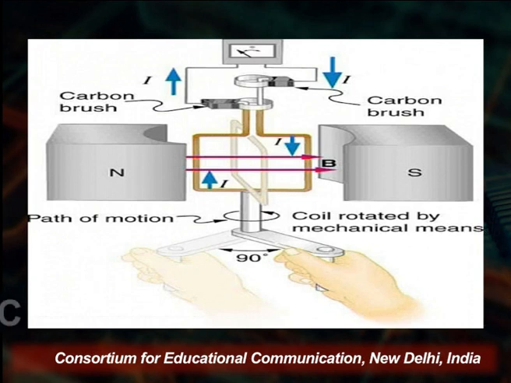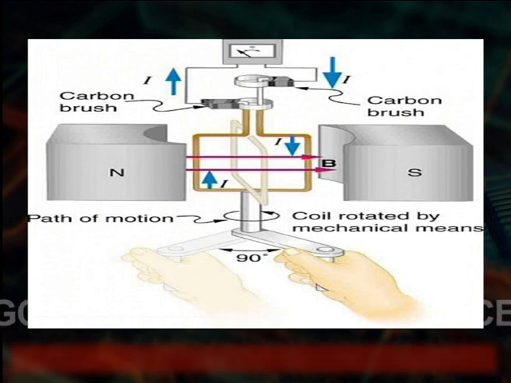There is a coil rotating by mechanical means. This coil has carbon brushes on both sides, and mechanical energy is given to it. With the coil in between the magnetic field, electricity will be generated.